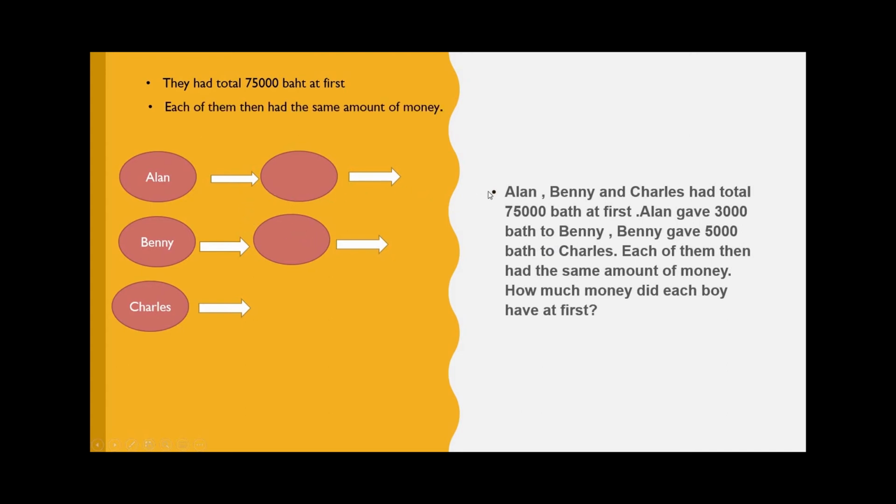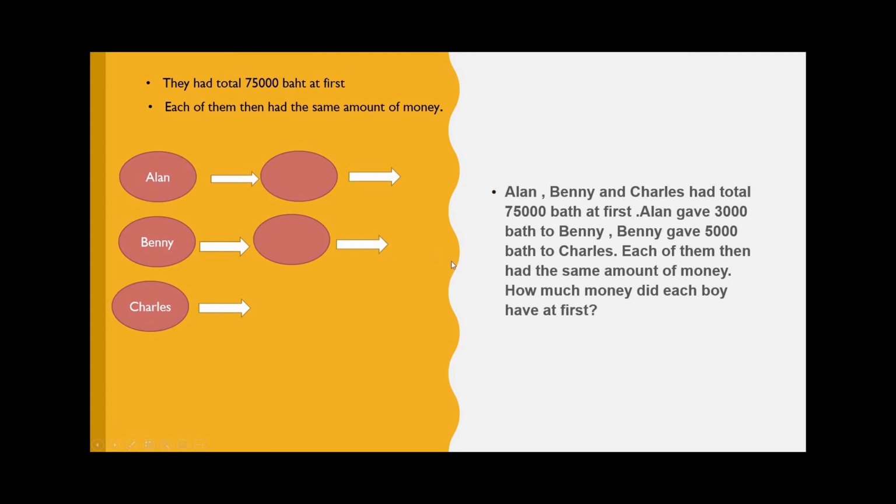Then, after Alan gave 3,000 baht to Benny and Benny gave 5,000 baht to Charles, now each of them had the same amount of money. What does the question ask us to do? How much money did each boy have at first?